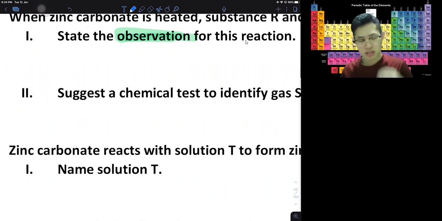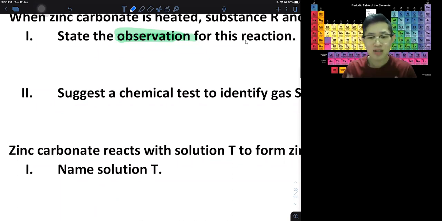Cannot, because when you say colorless gas release, it is not a correct observation because you cannot see the colorless gas being produced. Unless you say colorless gas turns lime water cloudy, then can.